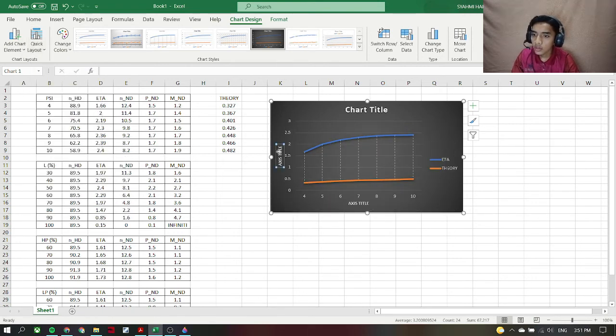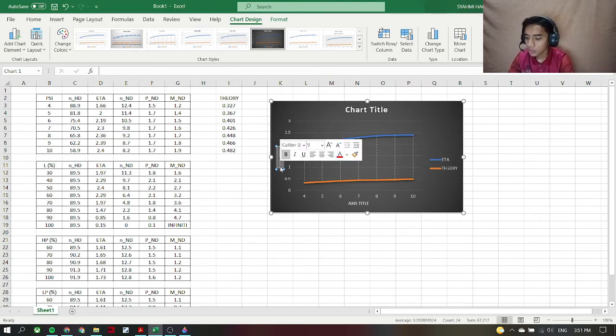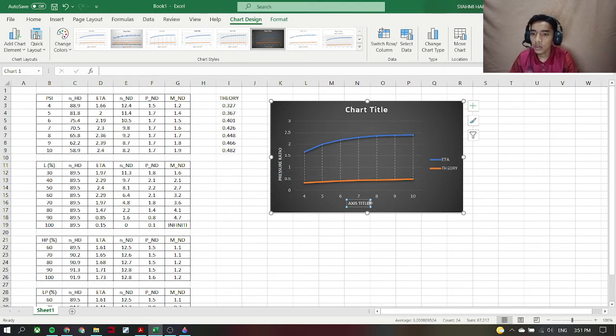So the X axis is the pressure ratio, and the Y axis will be the thermal efficiency. So this will be the first graph for this experiment.